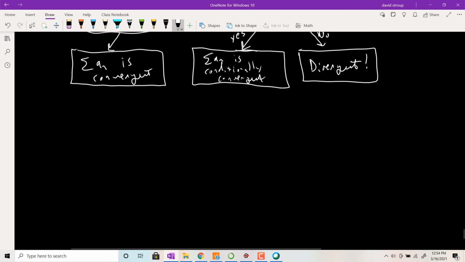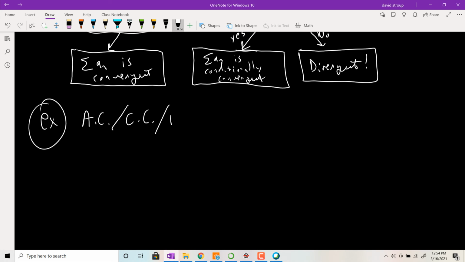So let's try this example. We'll make this one the video quiz. Let me put in my notes that this is the video quiz. So we're now on homework number 7. This is section 9.5, and we need to figure out whether this thing is absolutely convergent, conditionally convergent, or divergent.